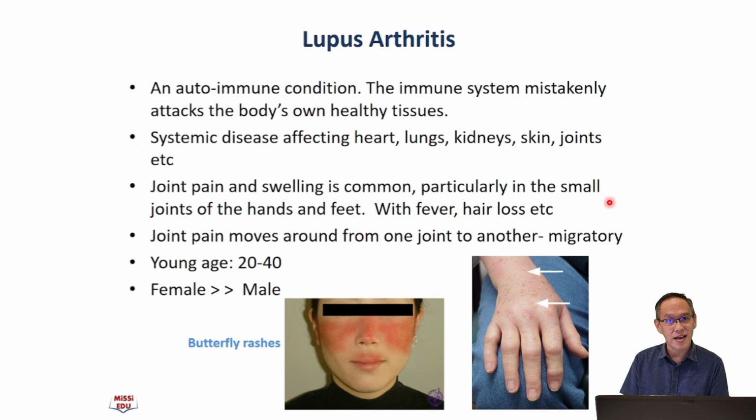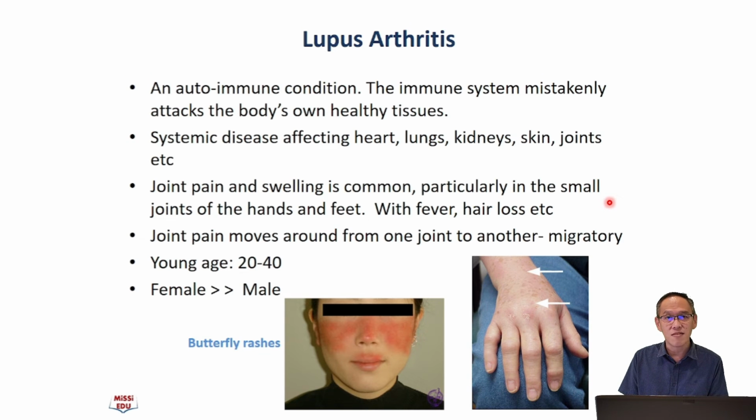It may attack tissue from the heart, lungs, kidney, skin, joint, etc. If it affects the kidney, it will cause kidney failure if you don't treat it early. And joint pain and swelling is very common, particularly in the small joints of the hands and feet, and usually associated with long-term chronic fever, hair loss, mouth ulcers, etc.